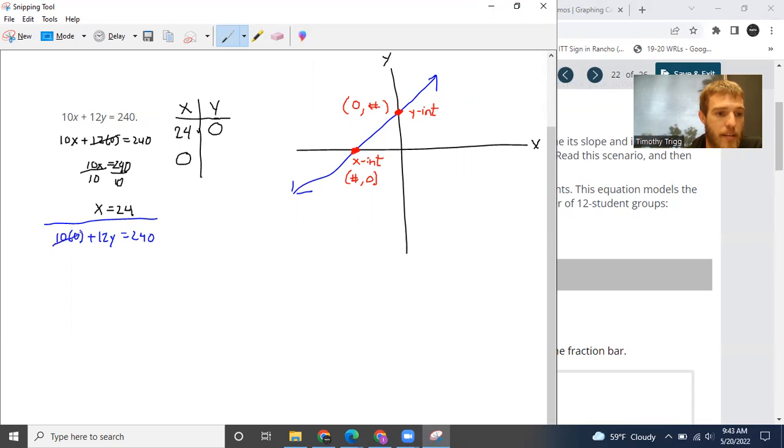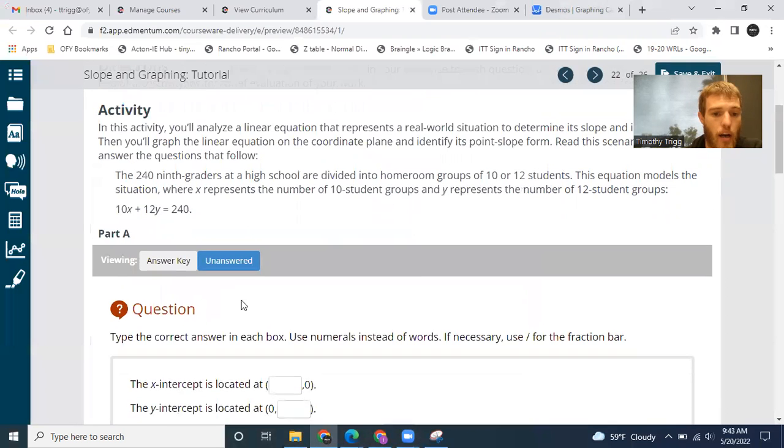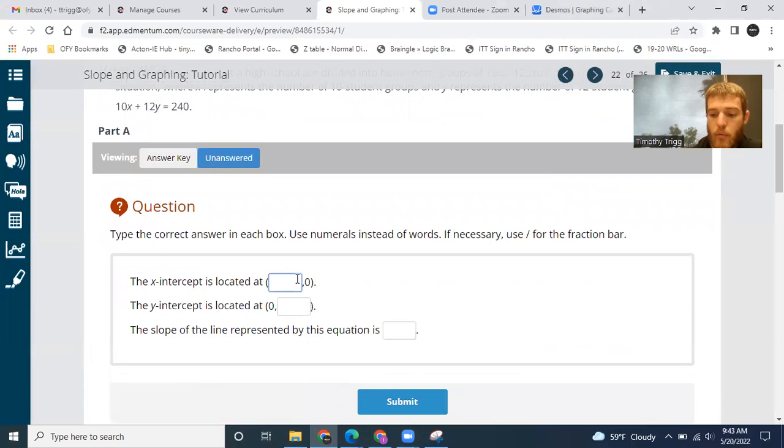Well, I hope you know that that's 0. So we have 12y equals 240. Dividing both sides by 12 to get y by itself gives us that y equals 20. So our y-intercept is 0, 20. All right, so that helps us out quite a bit. Our x-intercept was 24, 0, and our y-intercept is 0, 20.